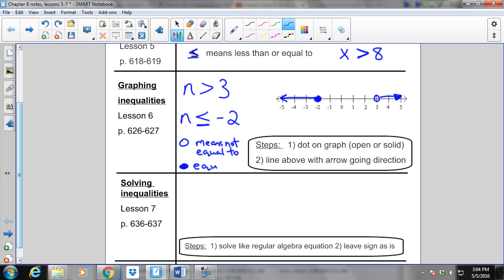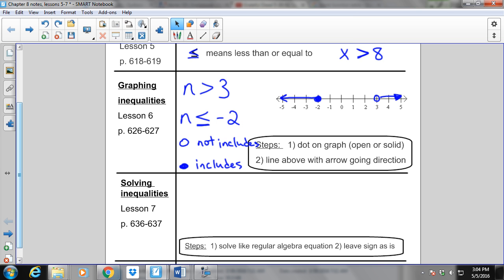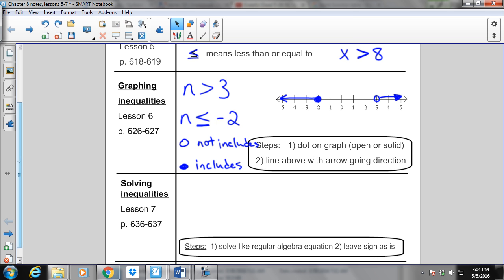And you know what? I'm going to reword that. I'm going to use the word included, which is better. An open dot means that, like in our example here, 3 was not included. It does not include the number. And a solid dot means that it is including the number. So does that make sense?